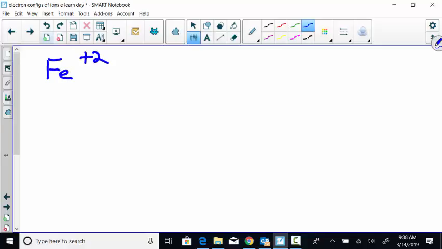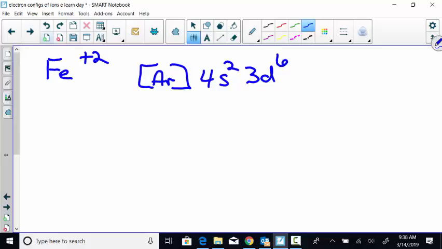But if you look at the electron config of iron, it's in the d block. So I'm actually going to do shorthand notation for iron. The electron config of iron is Ar, and then 4s2, 3d6.